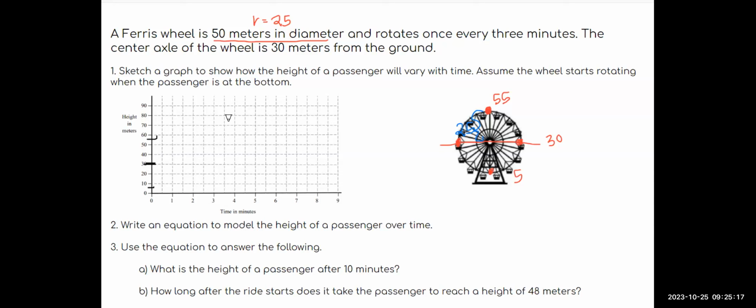Okay, what else? It says, assume the wheel starts rotating when the passenger's at the bottom. So usually whenever you get on a Ferris wheel, you get on from the bottom. That's why these always usually start at the bottom. So our first point is going to be right here. Okay. Again, how long is it going to take to get back to that same height?